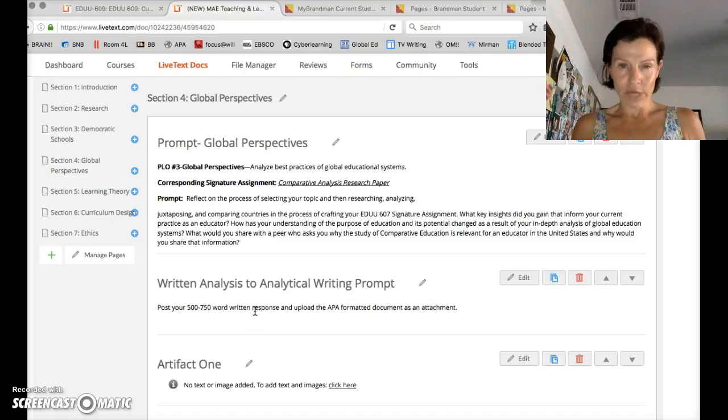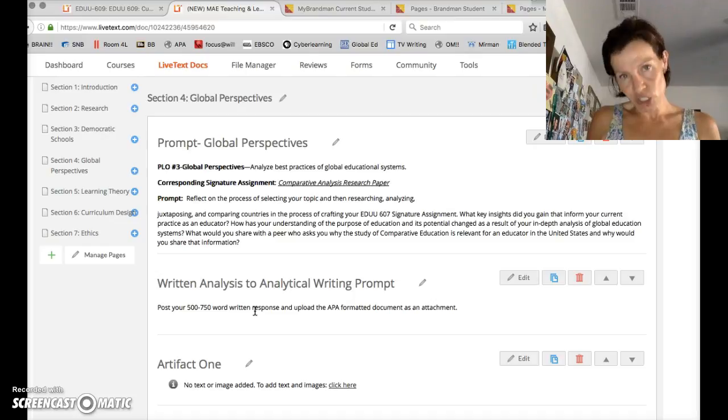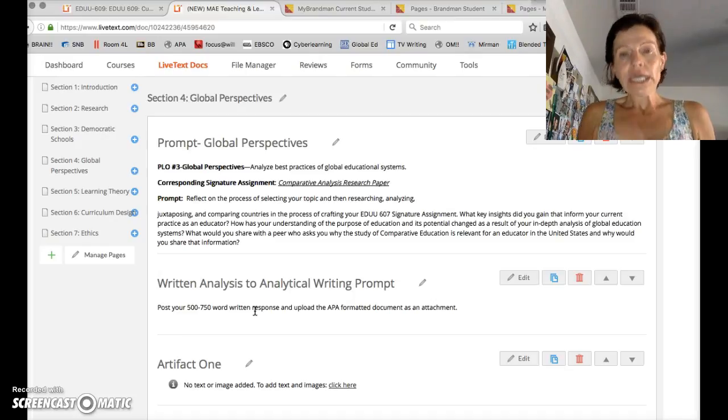Here's the reality. If it's close to 750 words, if it goes over just a little bit, nobody's going to bust you on that. The problem is, if you write 5 pages of text that clearly to the naked eye is not 750 words.